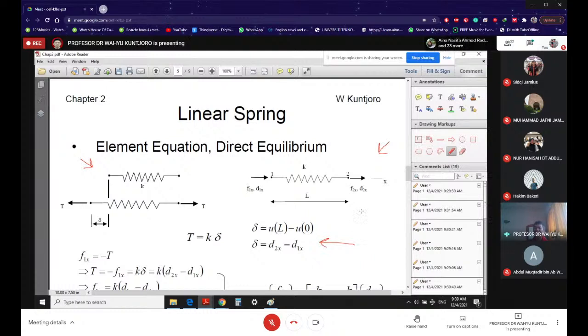I hope you agree with me. If you disagree, you are wrong. The only correct thing here is to believe me, meaning that the elongation is going to be D2x minus D1x, because it is correct. If you don't understand why it is so, it's simply physics combined with mathematics.